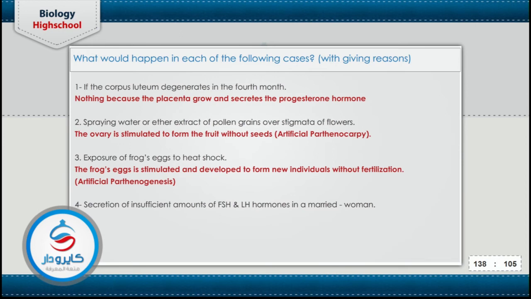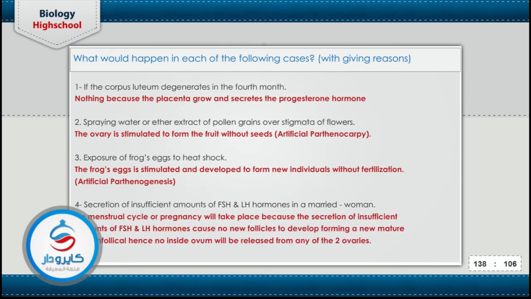But the LH hormone, or luteinizing hormone, stimulates the graafian follicle to release the mature ova and change into corpus luteum.